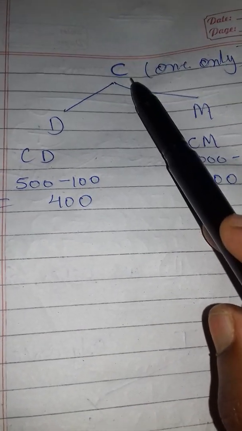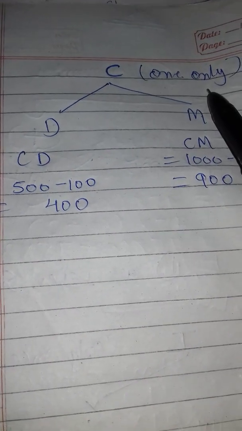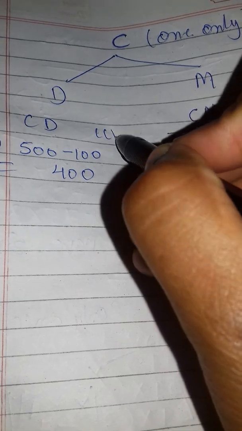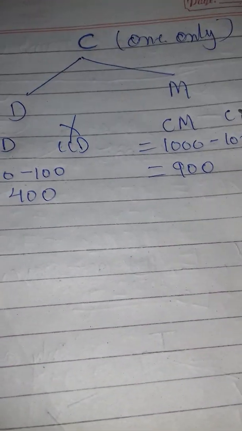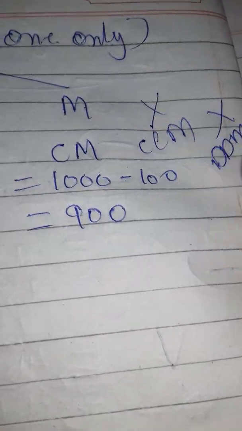Similarly, the symbol C, you can subtract from D and M only once. You cannot subtract two times C from D. This is wrong. Or two times C from M, or two times D from M. These are wrong.